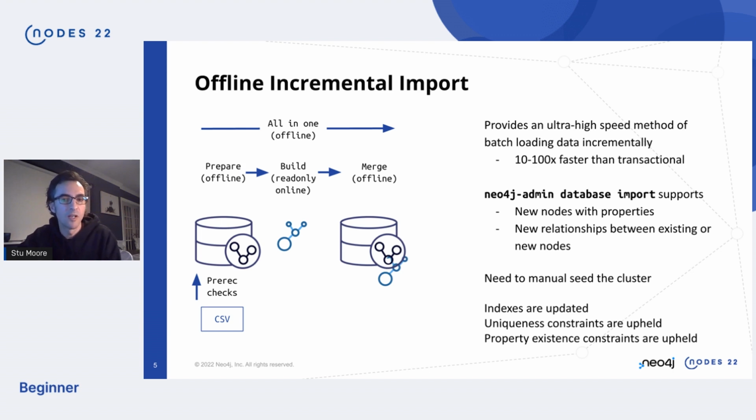Admin import this time supports importing new nodes with properties, new relationships between existing or new nodes. The indexes will be updated, uniqueness constraints are upheld, property existence constraints are upheld as well. You will at this time need to manually seed the cluster if you're importing in an offline phase.